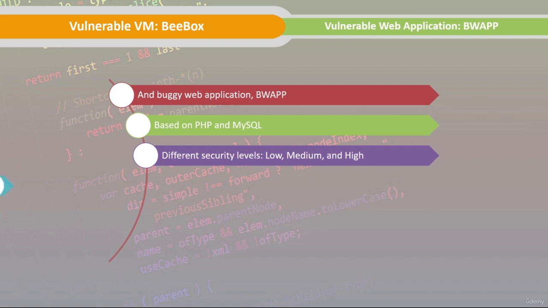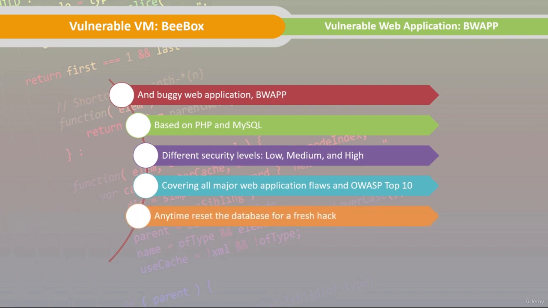So it covers all risks from the OWASP Top 10 project, with all major known web vulnerabilities, such as XSS, CSRF, SQL injection, file injection, upload flaws, and many more. So at any time, you can easily reset the database if you want to start over again.